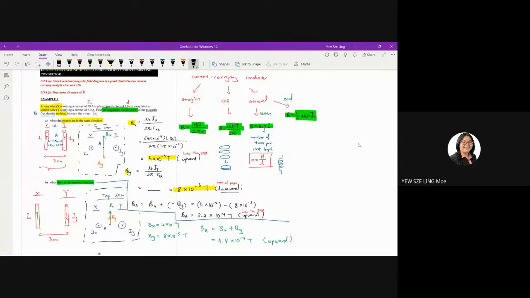Before you do the substitution, you must follow the steps. Start from the diagram, followed by the equations. After that, you can start to do the substitution. And at the end, you show your final answer together with the direction. So that is how you solve questions in chapter 4.